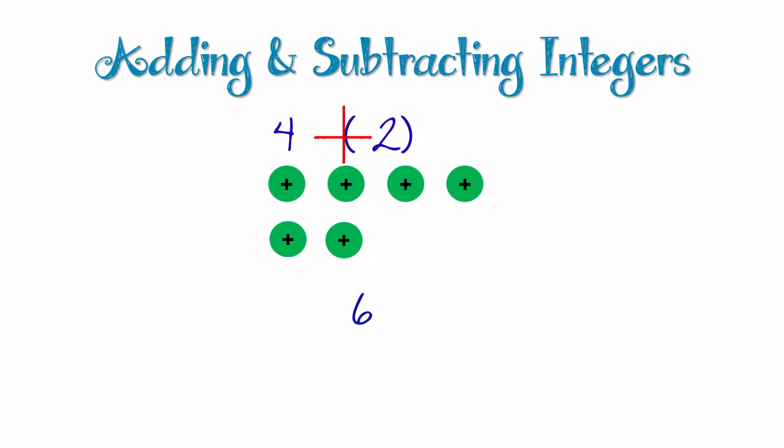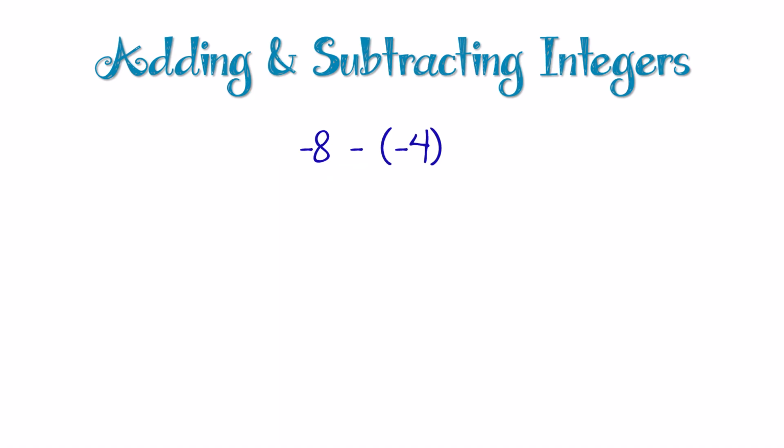Let's take a look at another one. Here we have negative 8 minus negative 4. And so again, we have a negative 8 minus negative. So we want the opposite of negative 4. Well, the opposite of negative 4 is plus 4.